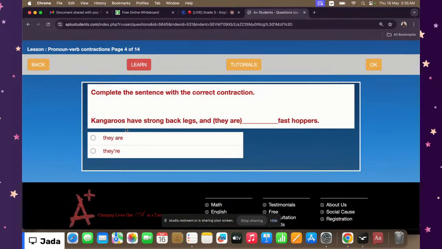And then, kangaroos have strong back legs and they are fast hoppers. What is the shortened version of "they are"?